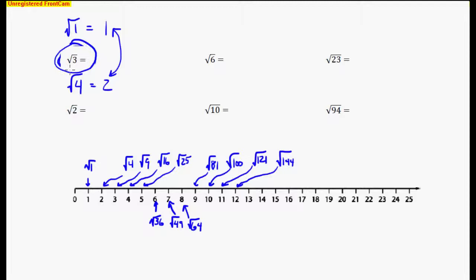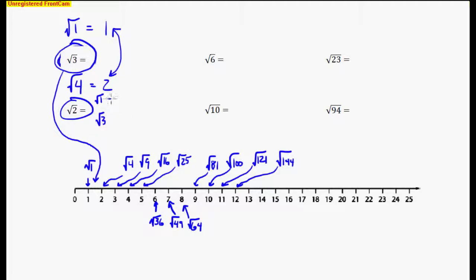All right? So I'm not going to be exact in this. I'm going to just draw a line and say it's going to be somewhere in between 1 and 2. See how I did that? Okay, how about the square root of 2? Again, that's going to be in between square root of 1 and the square root of 3.